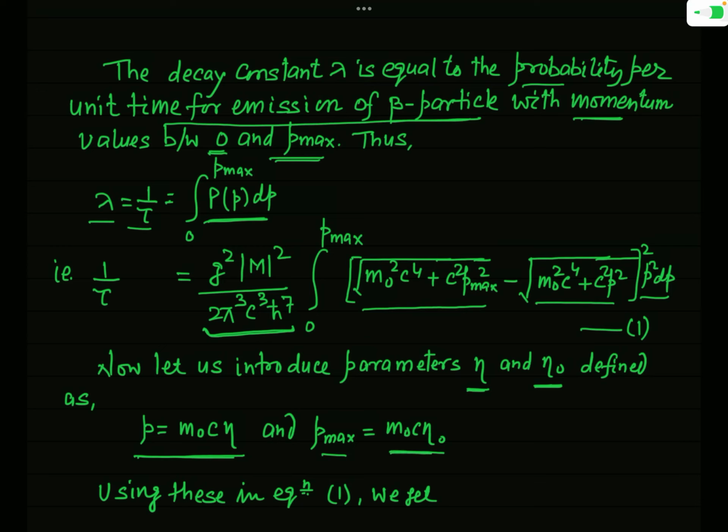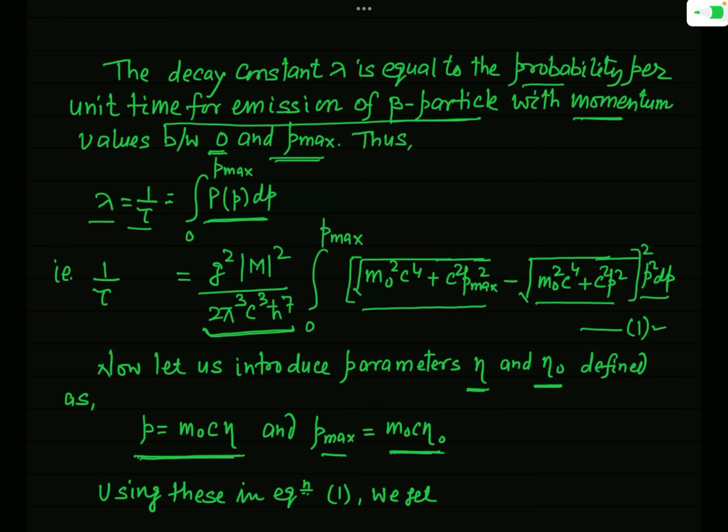Now use these two results, that is p equal to m naught c eta and p max equal to m naught c eta naught, in equation number 1. You can see m naught c is just a constant factor. m naught is the rest mass of the beta particle, that is the electron, and c is the speed of electromagnetic wave in free space.